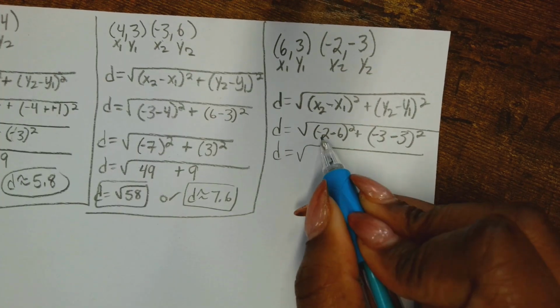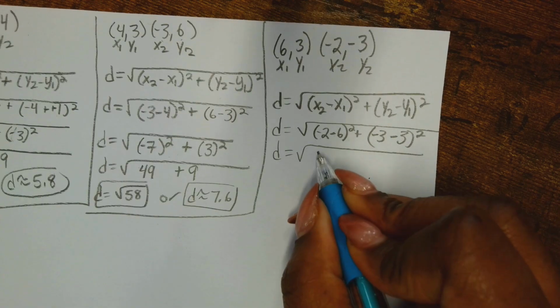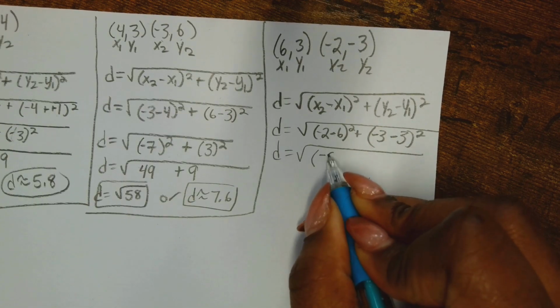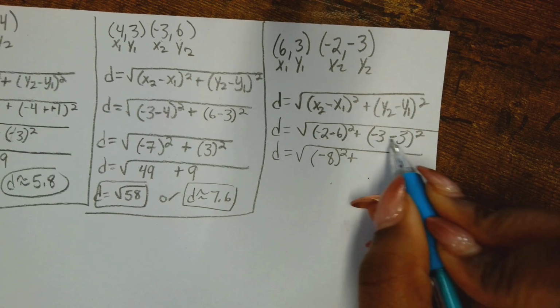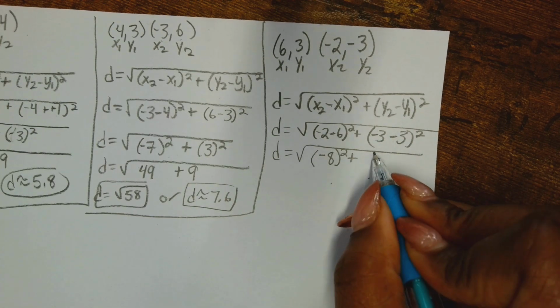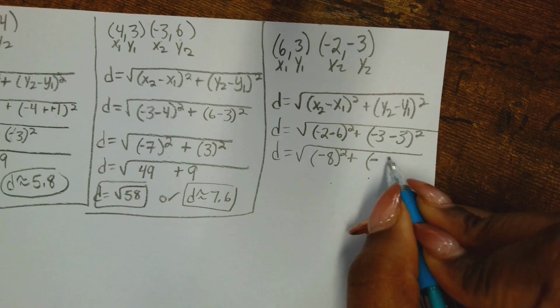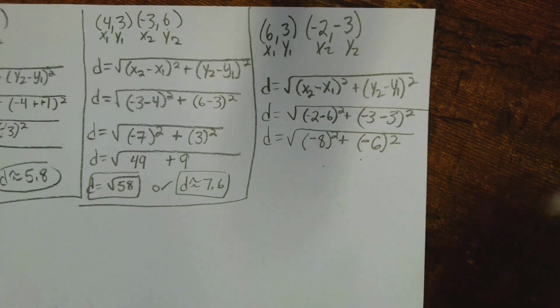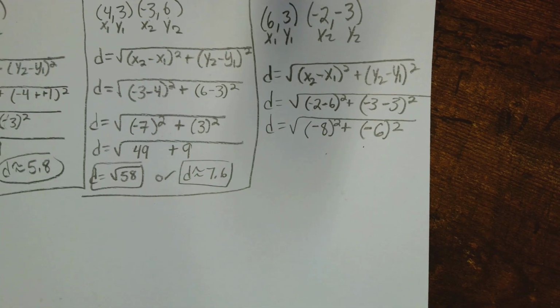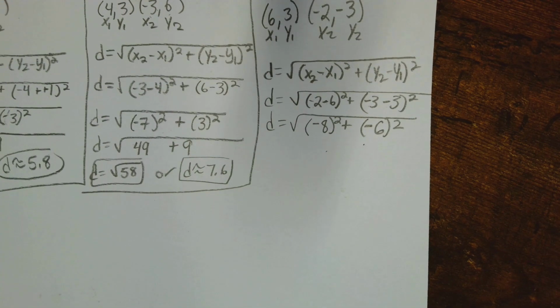What is -2 minus 6? -8. And we're going to square it. Plus, what's -3 minus 3? -6. And square it. Okay, got it?